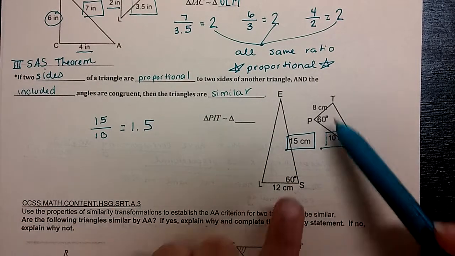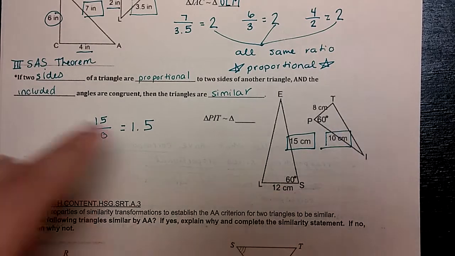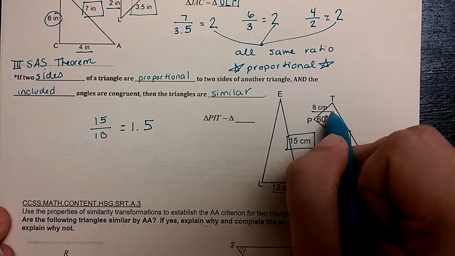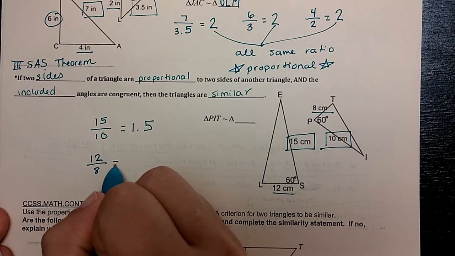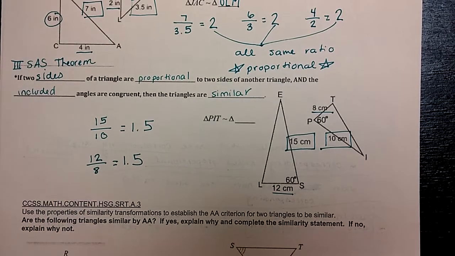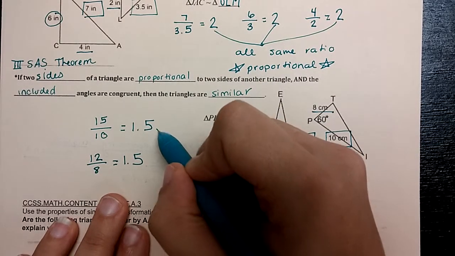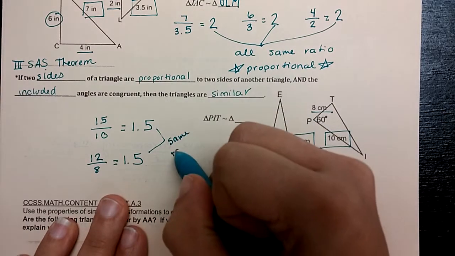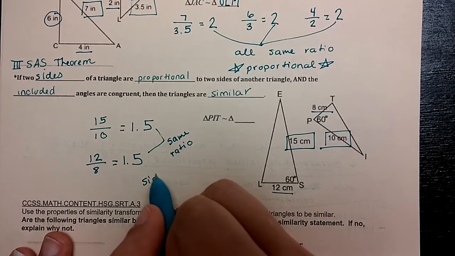Now I have to check if the smaller sides, when I compare those corresponding sides, give the same ratio. 12 is the smallest here, and 8 is the smallest here. So 12 divided by 8, I also get 1.5. Because I got the same number, that's the same ratio, which tells me that the sides are proportional.